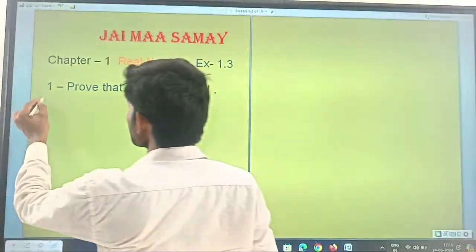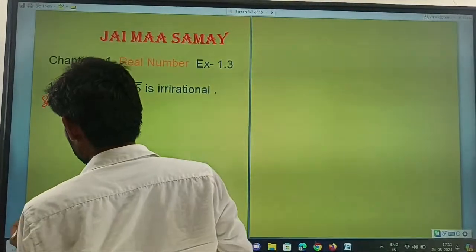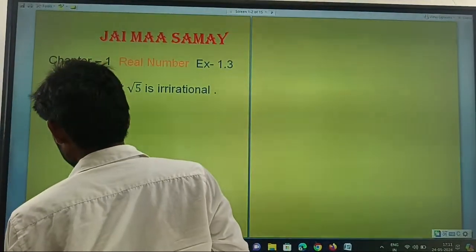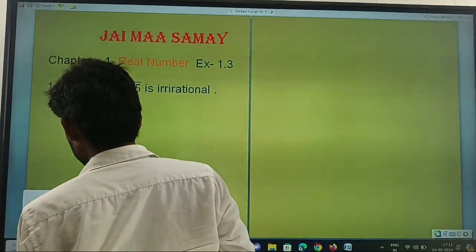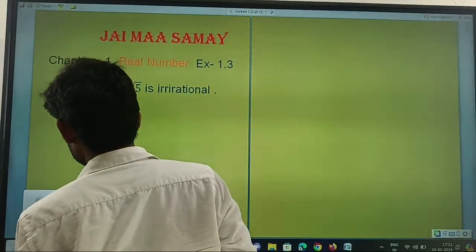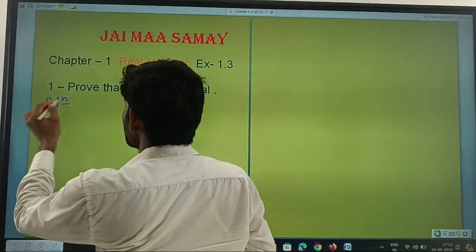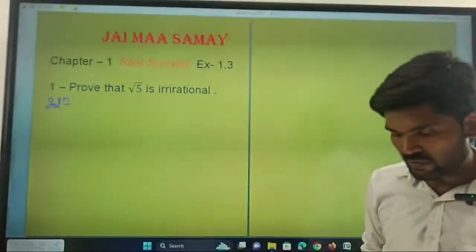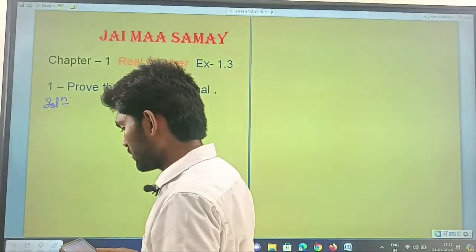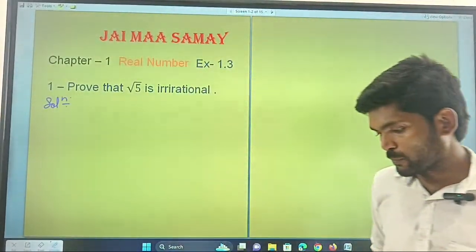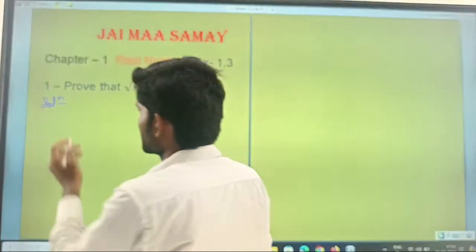Solution. Under root 5 is irrational. That's why we will suppose the opposite.